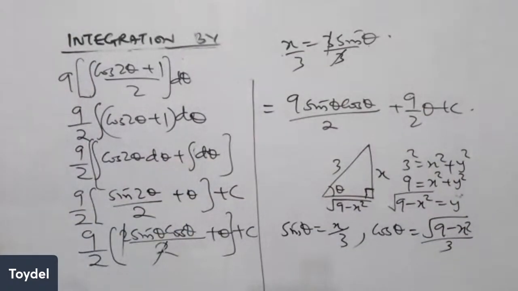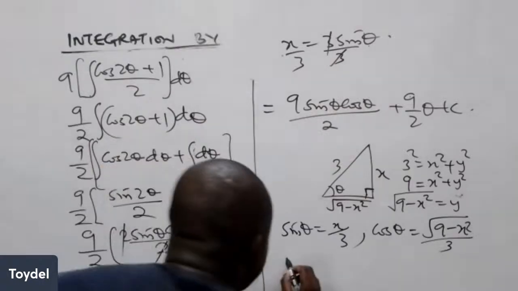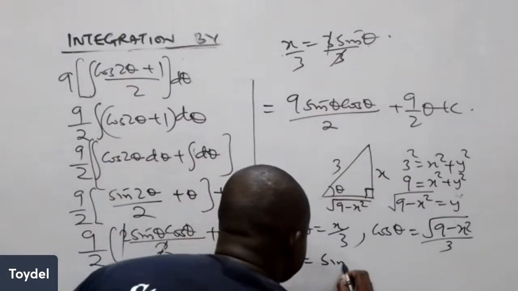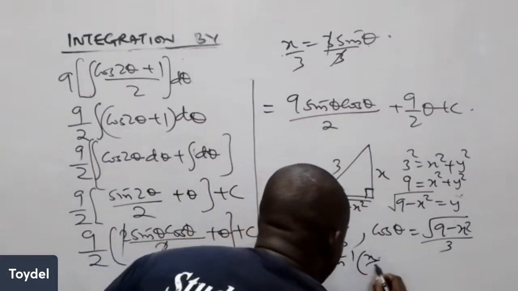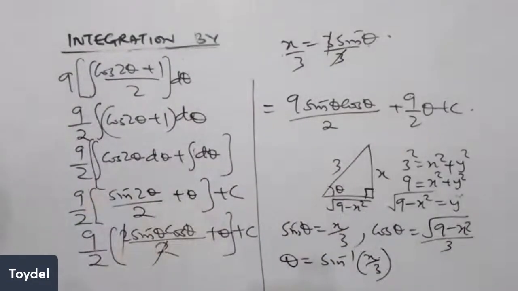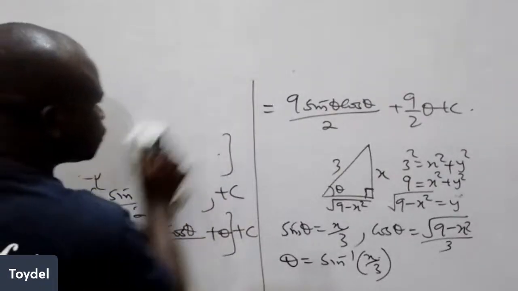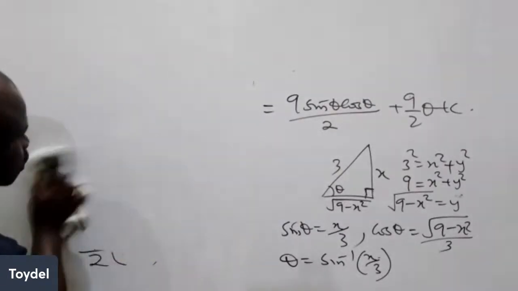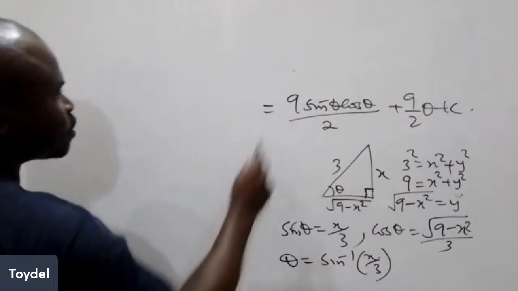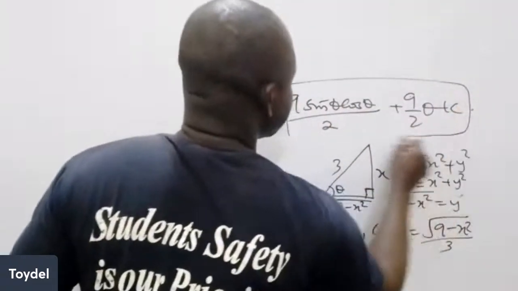And of course, if sine theta is equal to what we have on the board, theta can be equal to arc sine of x all over 3. So we have gotten all the values that we are going to substitute for us to be able to find the value of what we have. So from what we have on the board, this is where we stopped initially.